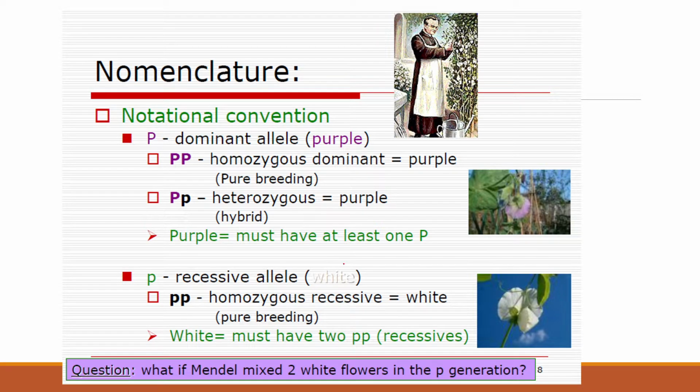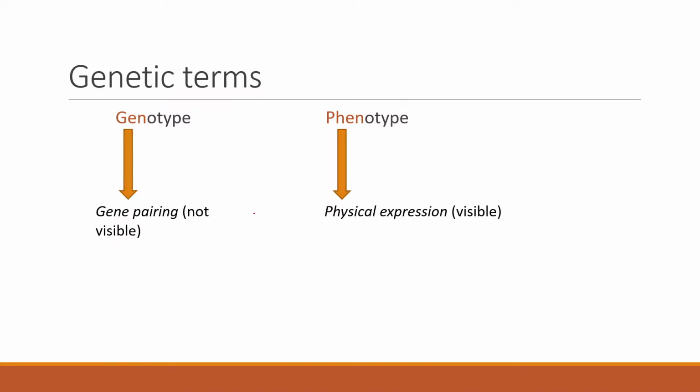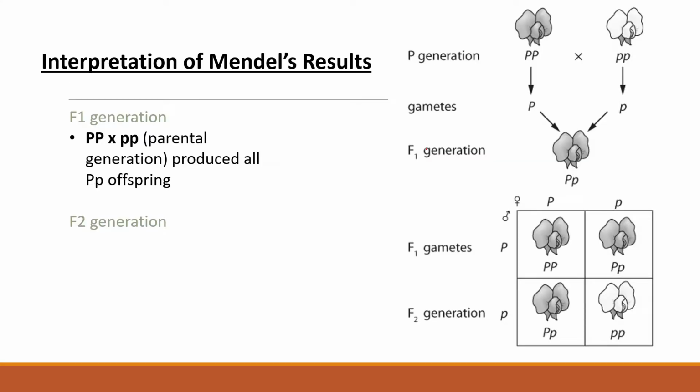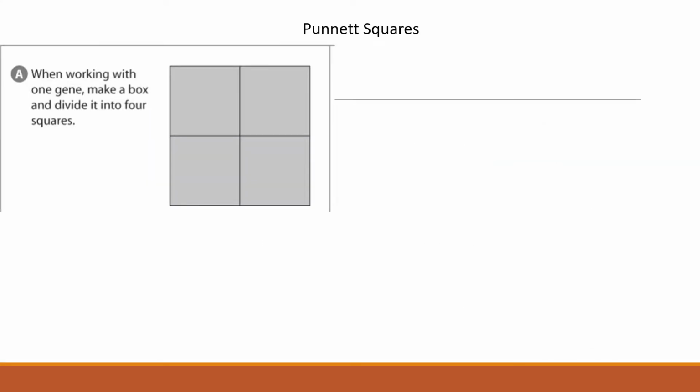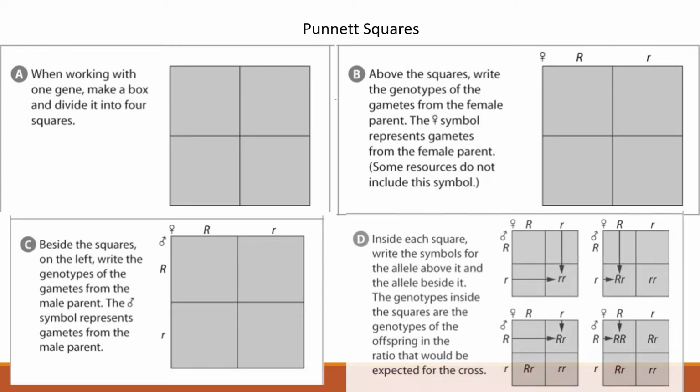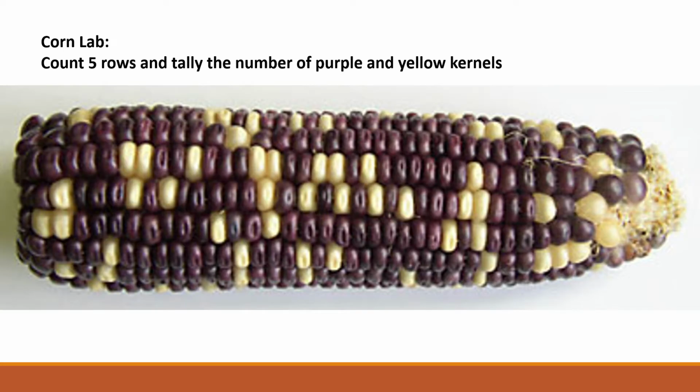And then we looked at the nomenclature: homozygous dominant, heterozygous, homozygous recessive, genotype, and phenotype. And we've already interpreted Mendel's results. We've talked about how to properly do a Punnett square and what it actually means. We did a corn lab that was a one-trait cross with color, where it was 3 purple to 1 yellow.